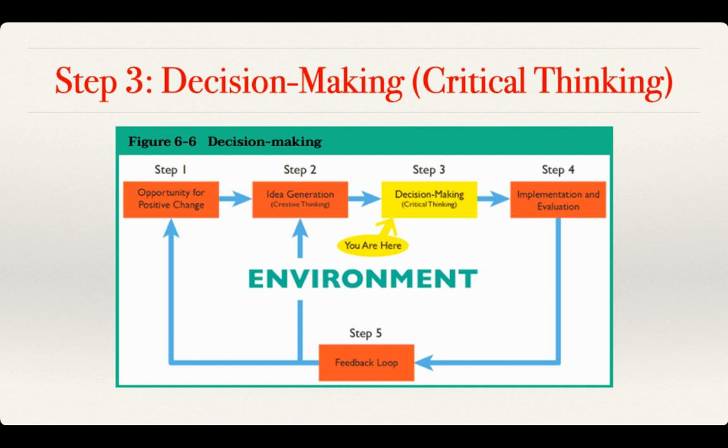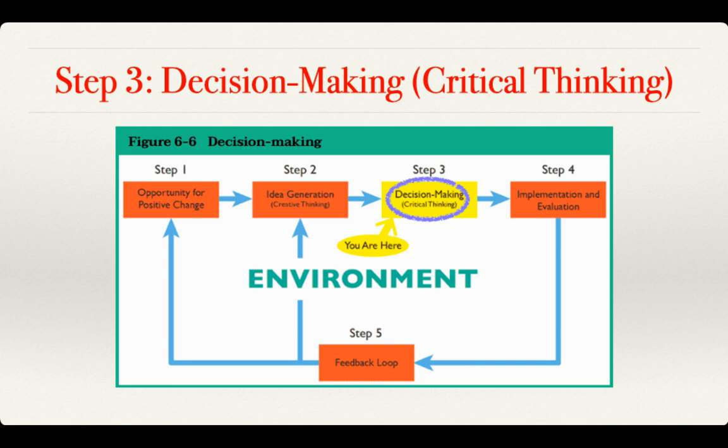Step 3, decision making. In this step, we shift from creative to critical thinking to evaluate each idea. Remember, in step 2, we used a lot of creative thinking and we did a lot of brainstorming, and we talked a lot about how it's not a good idea to restrict yourself. Just brainstorm, just put some ideas out there, and that's what step 2 was all about.